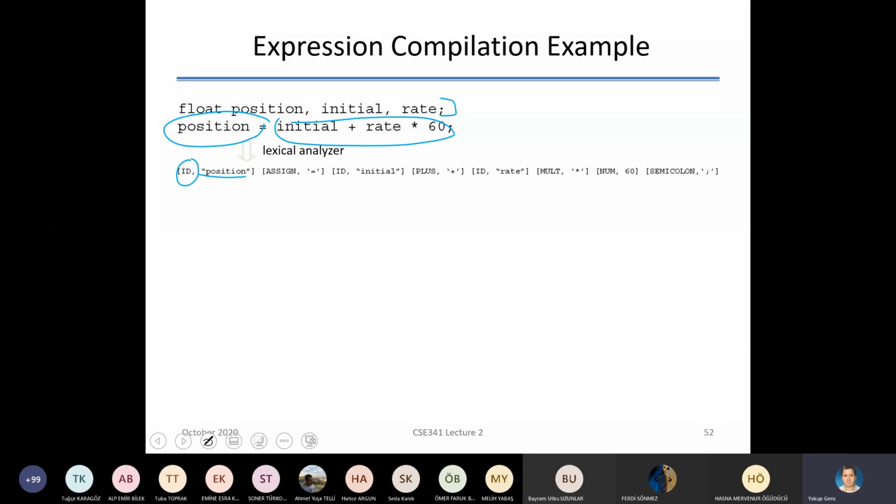And then you have an assignment token. This is this one, an ID, another ID initial, a plus token, another ID, a token for multiplication, and a number, this is a literal, and then a semicolon, this is another token. So these are the tokens that will be extracted once you have your lexer on this one.